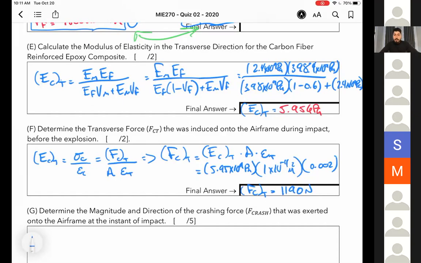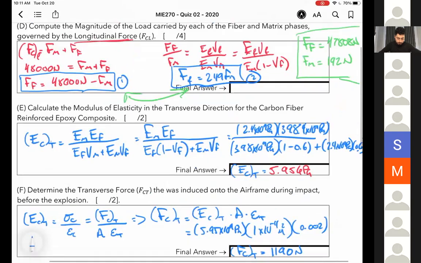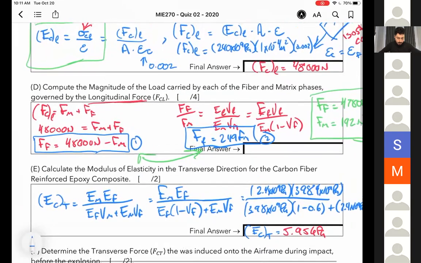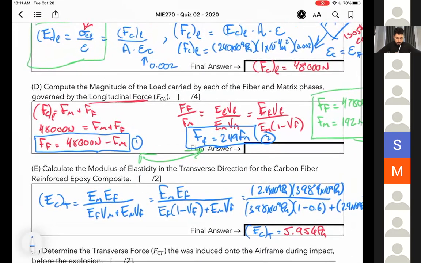Might be a really dumb question, but in part D, we used that the force of the composite in the longitudinal direction equals Fm plus Ff. Does that apply in the transverse direction as well? Yes, absolutely. I actually could have added another question saying determine the magnitude of the load on the fiber and matrix in the transverse direction as well.